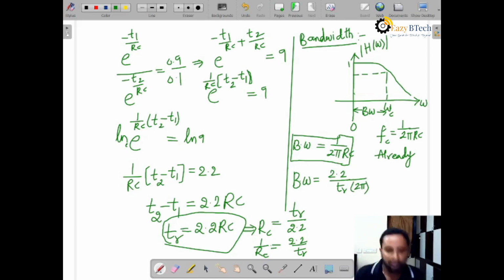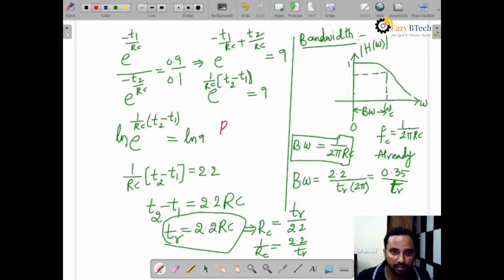So this is the relation, and after dividing 2.2 by 2 pi, this value will become 0.35, so 0.35 by rise time TR. In the denominator TR is there, as usual. So this is the final relation between rise time and bandwidth.